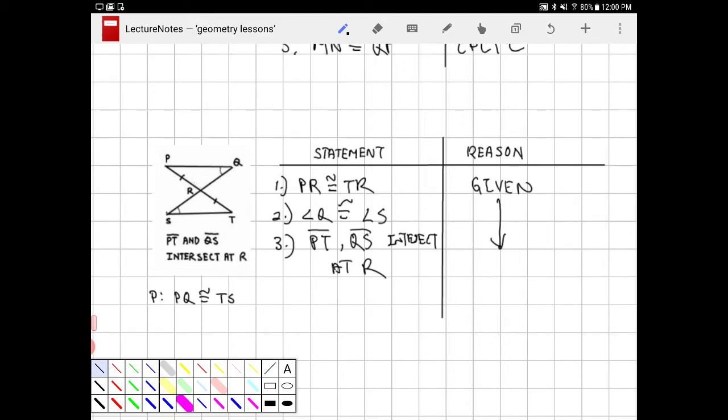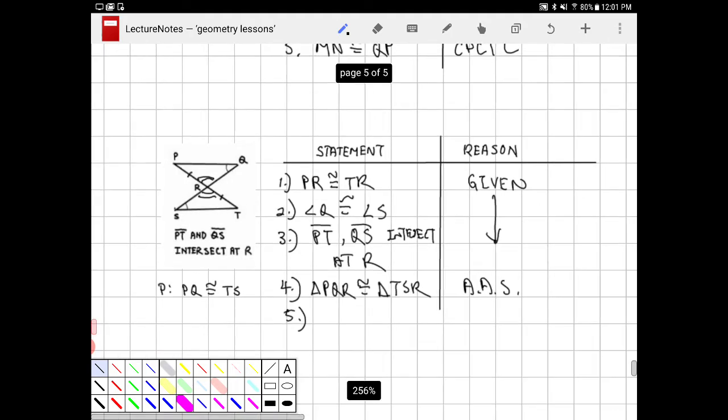So if you look at this, I will have a vertical angle here and a vertical angle there, and I can immediately tell that I'm going to have an angle-angle-side triangle congruent relationship. So I know that triangle PQR will be congruent to triangle TSR because of angle-angle-side.